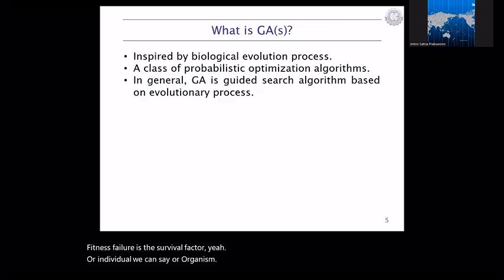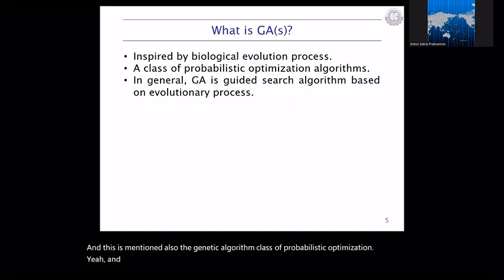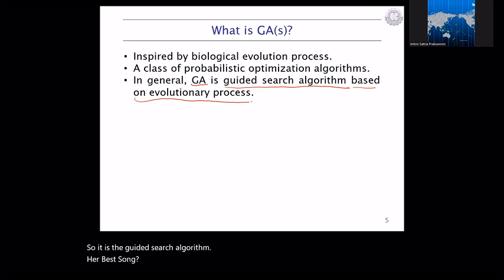And this is mentioned also: the genetic algorithm is a class of probabilistic optimization, and GA is a guided search algorithm. So this is the important keyword. It is a guided search algorithm based on the evolutionary process.